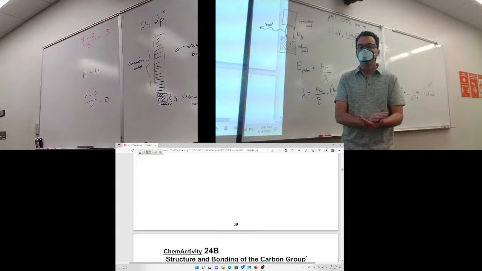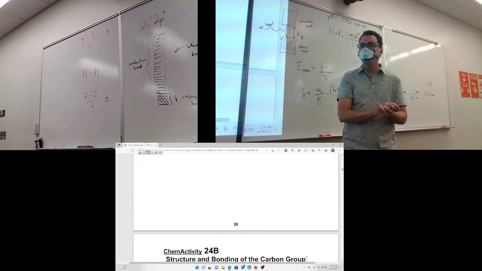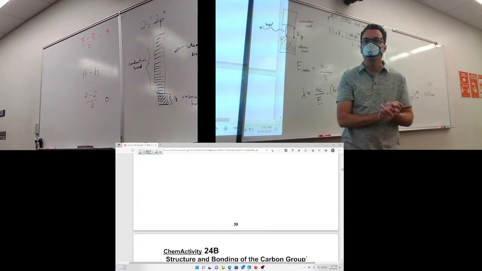And then the density of a material using crystal structure, that stuff.